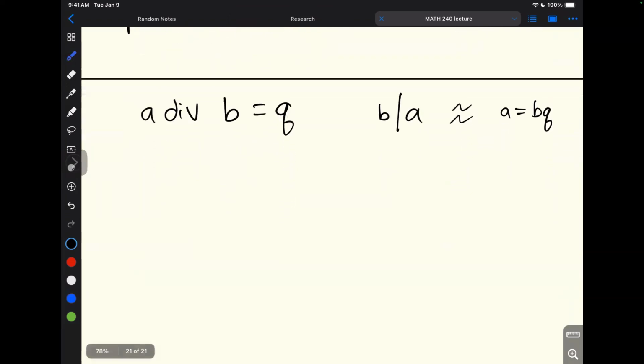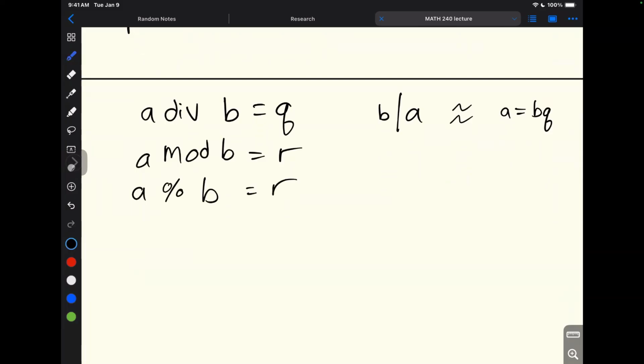The one that you do see and that you will continue to see is A mod B equals R. If you've taken a programming class, then you'll also see A percent B, and we pronounce that percent operator, which is the modulus operator.